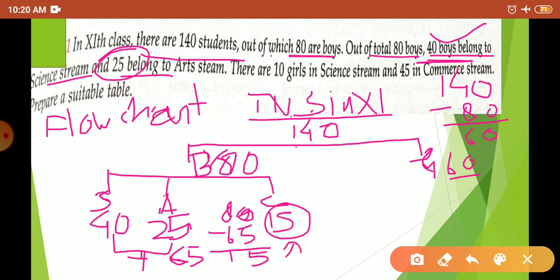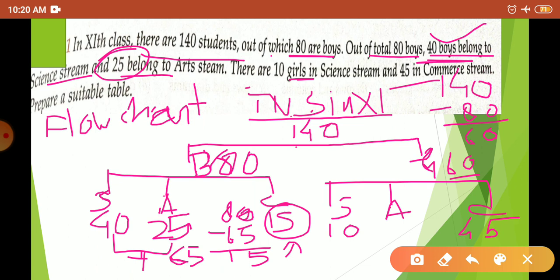Okay, students. Now it is time for girls. So science, arts, commerce. Okay, how many girls have taken science? 10. How many commerce? 45.